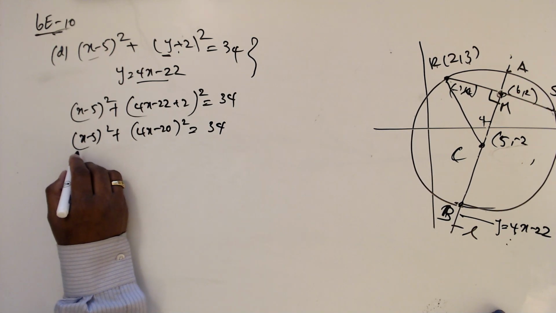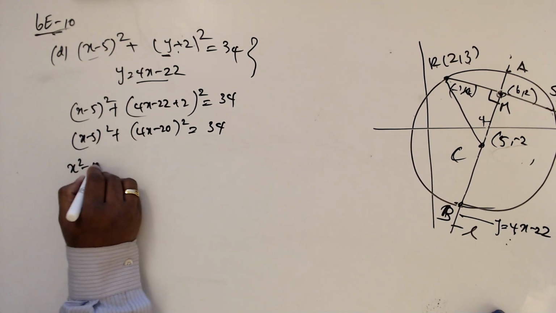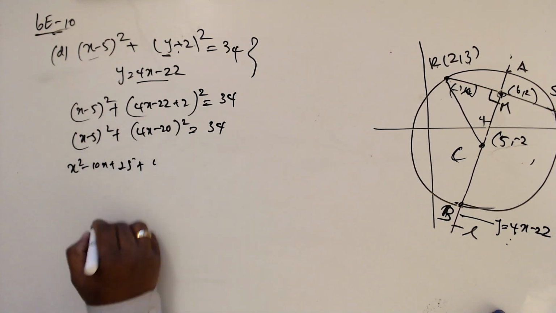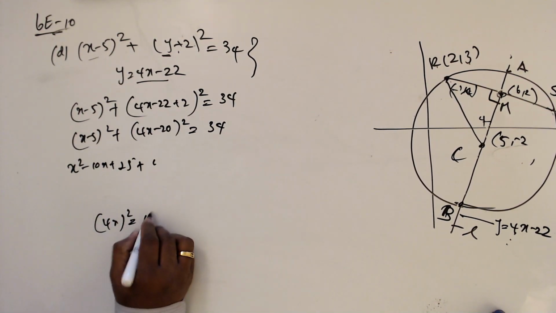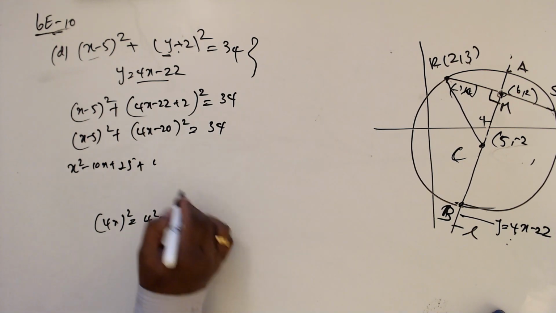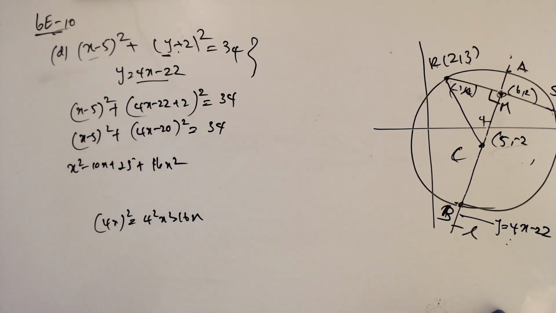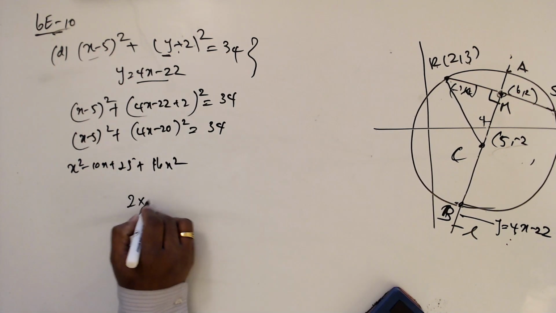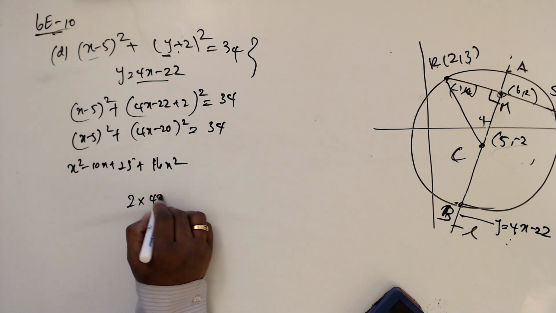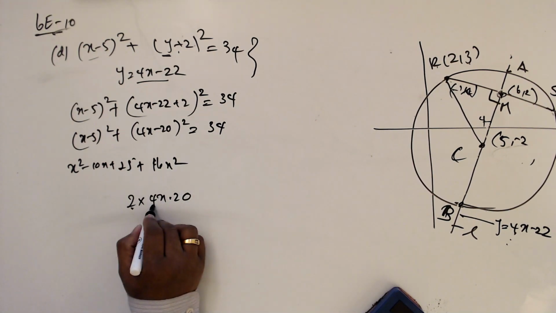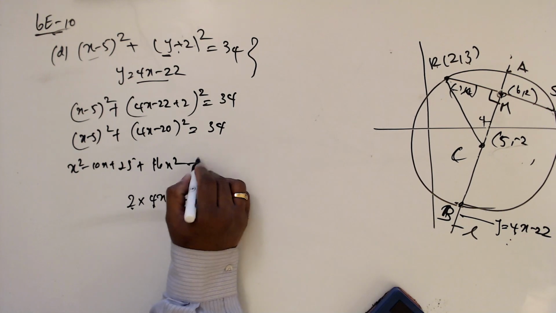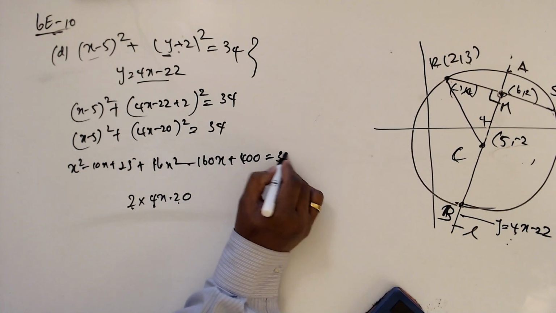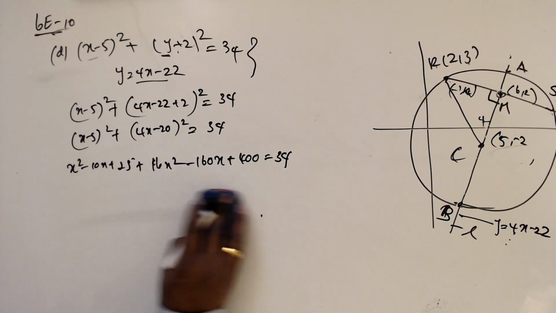This is going to be x squared minus 10x plus 25. Then 4x squared is 16x squared. Then 2 times 4 times 4x times 20, 80x, plus 400 equals 34.